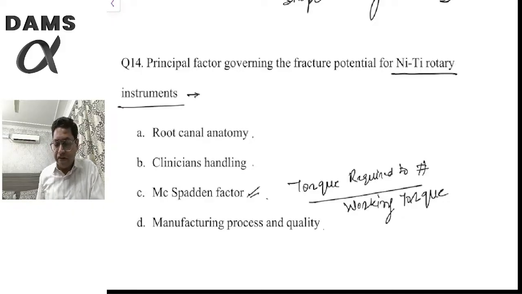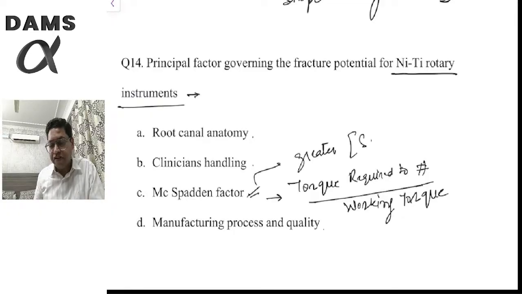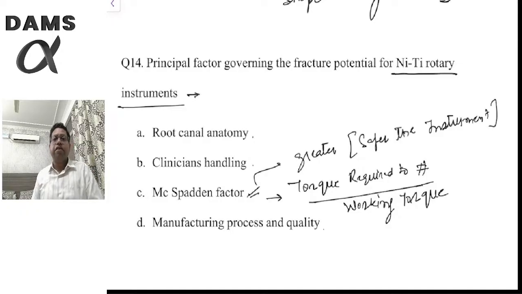So greater the Max-Padden factor, safer the instrument. Suppose the torque required to fracture is 4 Newton centimeter and we are working at 2 or less Newton centimeter. The Max-Padden factor is increased and the instrument would be less likely to separate.